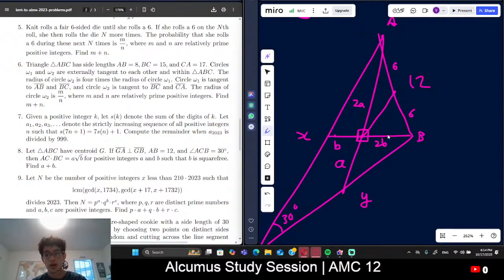Now we know that this height right here is going to have to be a as well, and this should be parallel to this, by the way. I don't want to draw that in and make it more convoluted, but that's what's going on. We can also say then that this length right here is going to be b.